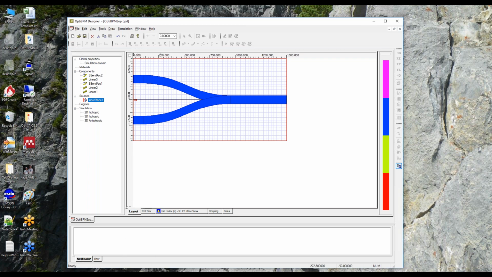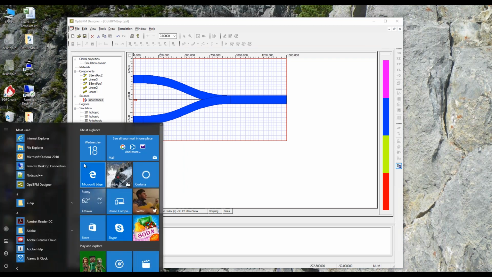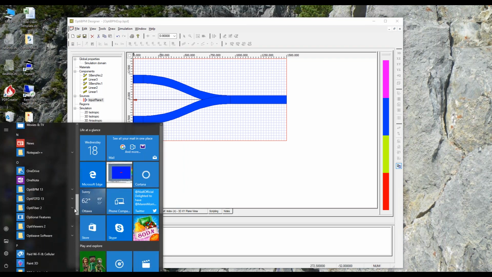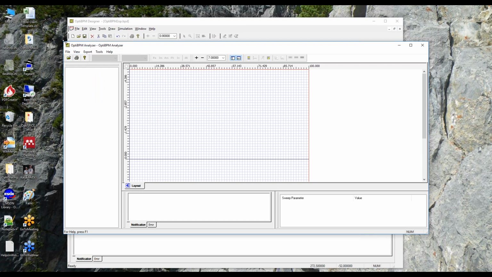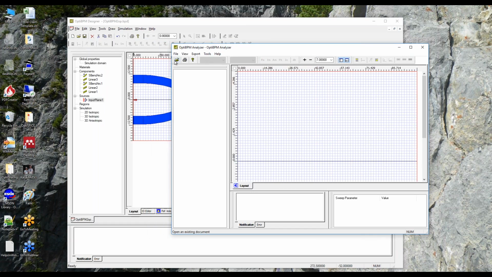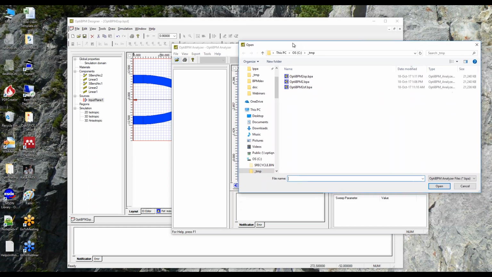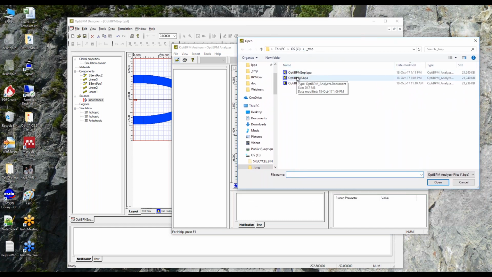But we did see that, let's have a look at our first simulation again. I can have a look at the first simulation by using the OptiBPM analyzer. That's a dedicated application that simply looks at all of the simulations that we've saved so far, just looks at the results.